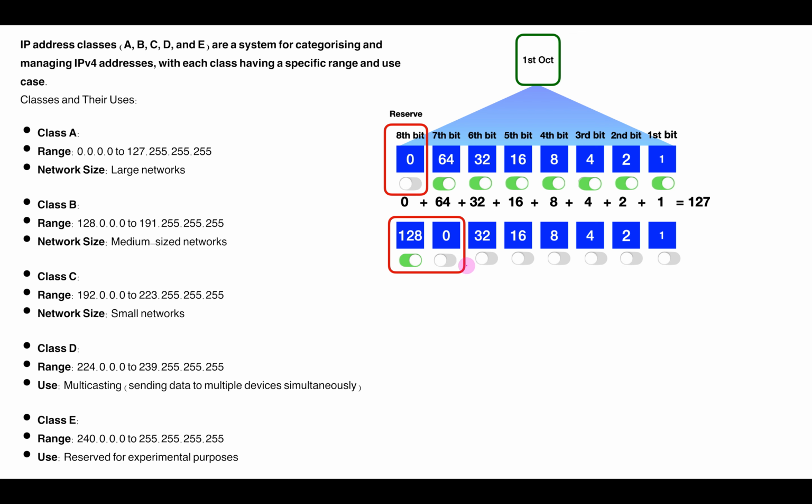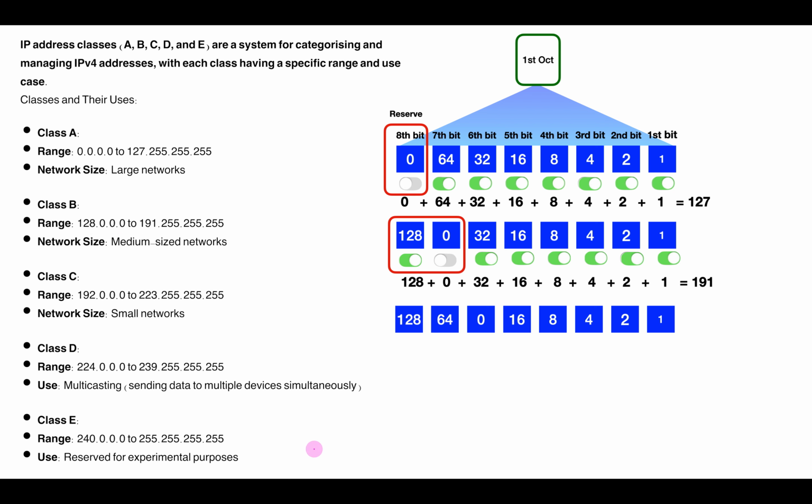That's why it starts from 128. And the maximum value will be 128 plus 0 plus 32 plus 16 plus 8 plus 4 plus 2 plus 1, which is 191. So that's why the range is 128 to 191.